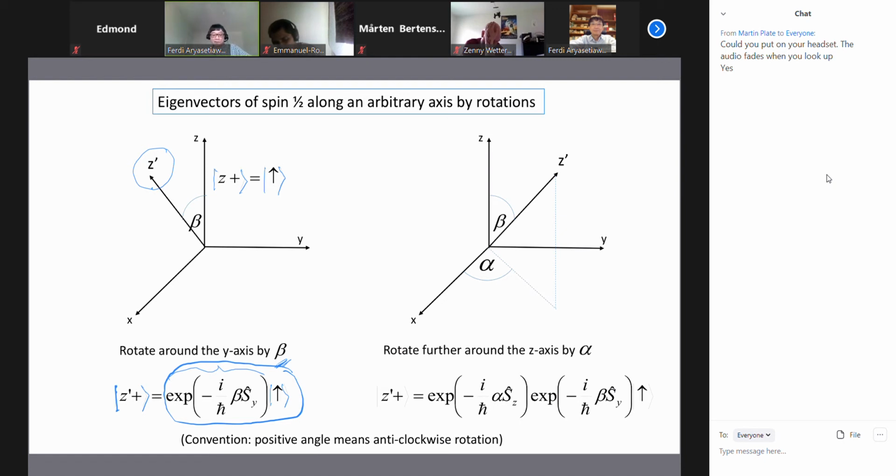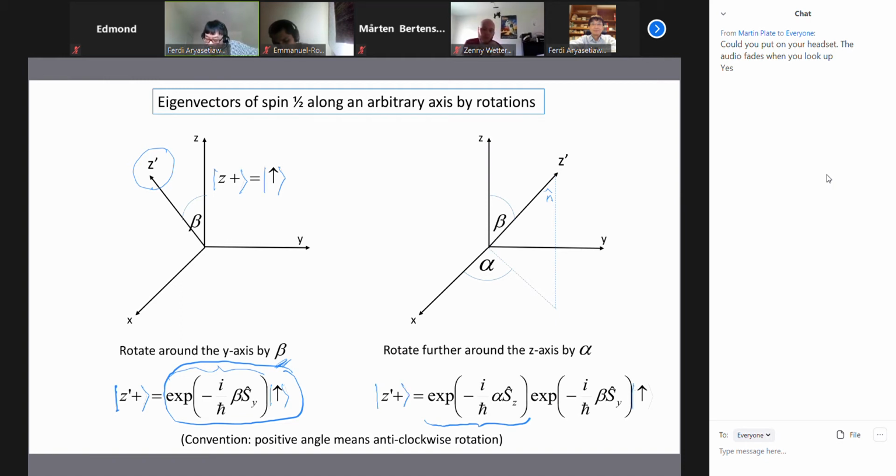So if you want to know the eigenstate along n, so this is our n here, then all we have to do is just do another rotation about the z-axis by angle alpha. So this is what we do here. So we continue rotating the state around the z-axis by angle alpha. So then we get what we want.